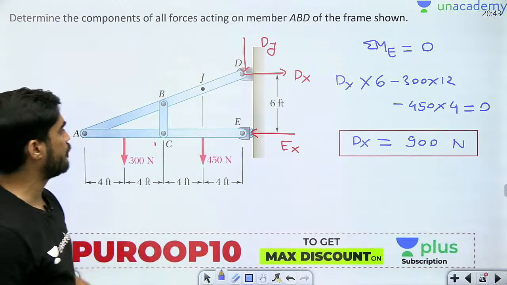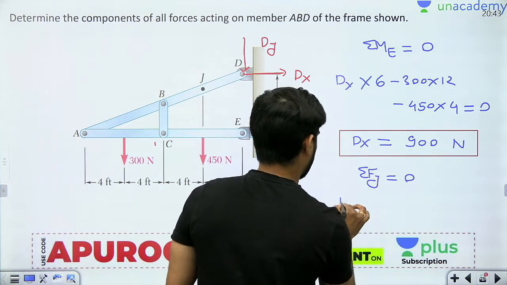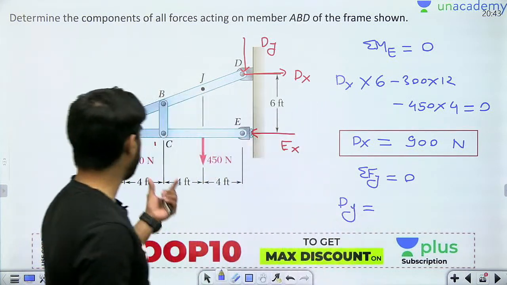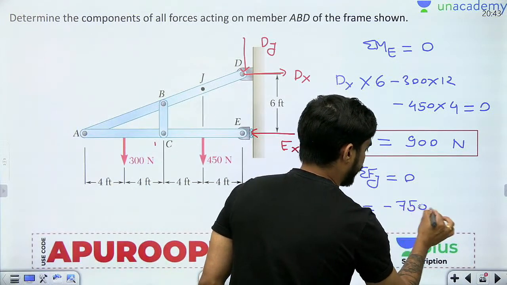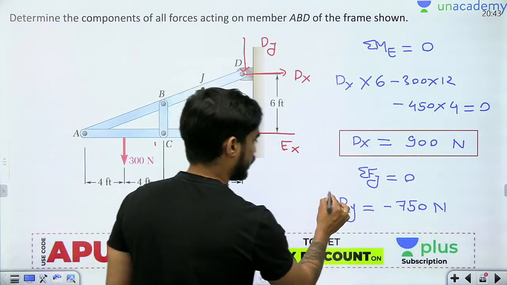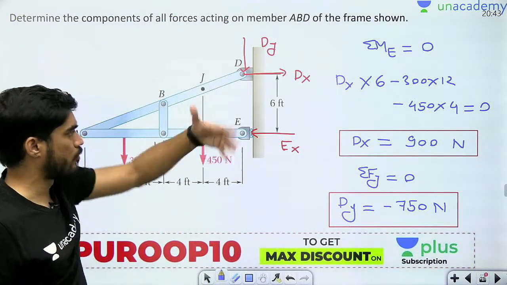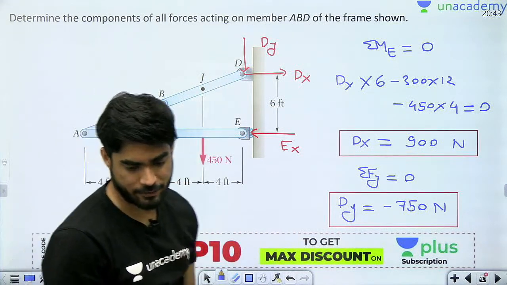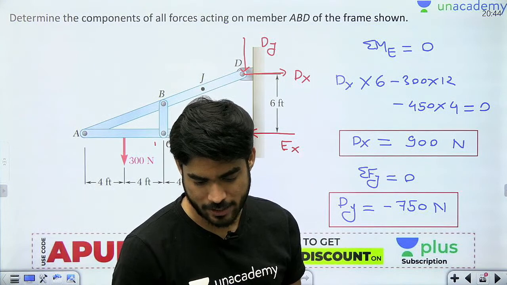And from summation of Fy equals to 0, DY plus 300 plus 450 equals to 0. So DY is minus 750 Newton, right? Very good, very good.